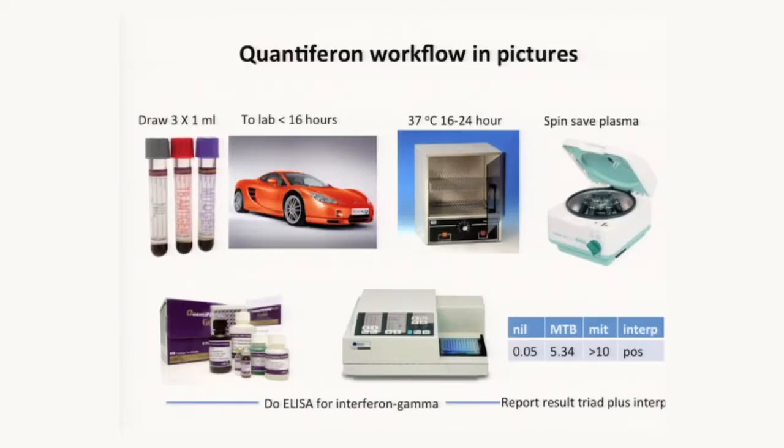So let's look at the way the test actually looks in practice. I'm a visual thinker and like to pull things off the internet because it's convenient. We'll go through this step by step, but you start with these fancy specimen collection receptacles, and unlike almost every other test I can think of, these are very specific high-tech blood tubes.